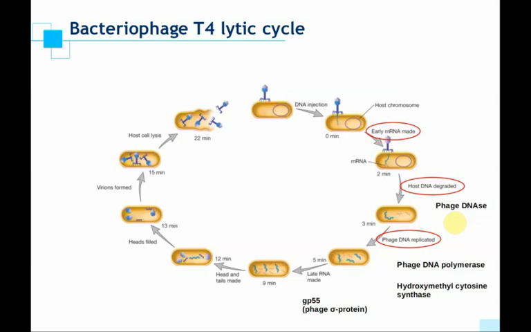So different sigma subunits bind to different promoter sequences. So Bacteriophage T4 expresses GP55, and what you'll get is this polymerase. So these are all from the bacterium, and this is from the bacteriophage, and it allows it to transcribe the late genes.